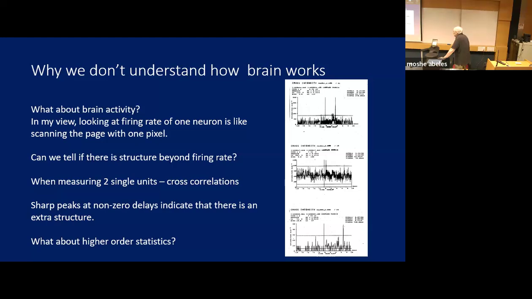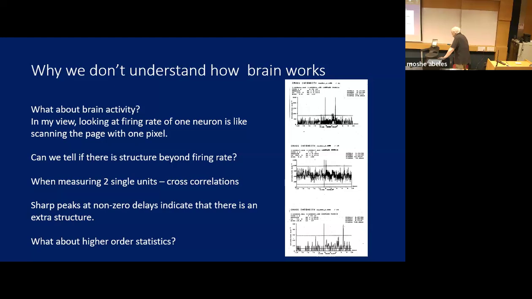0 is the time that neuron 1 fired, and we count how many cases also neuron 2 fired at this delay, this delay, this delay. And you can see that at 1 or 2 bins the coincidence of firing at 0 and firing at something like 200 milliseconds is much higher. This is another example with shorter delay.